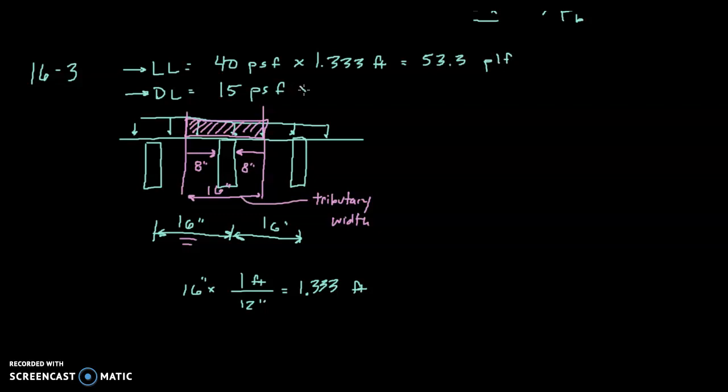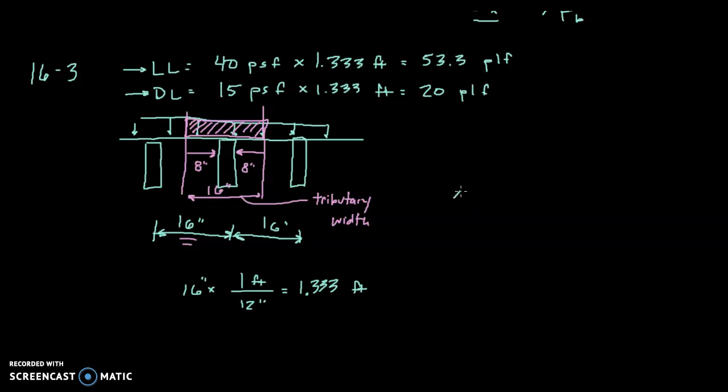And if I take the 15 pounds per square foot multiplied by 1.333 feet, that is going to be equal to 20 pounds per linear foot.